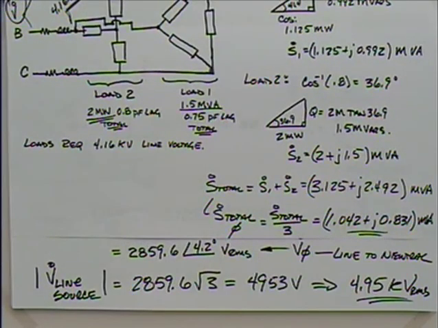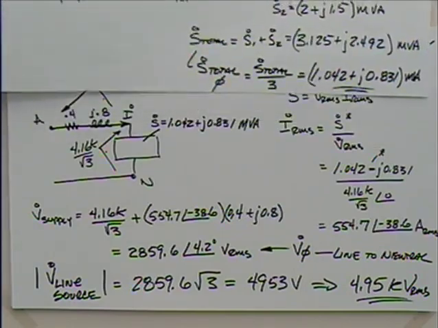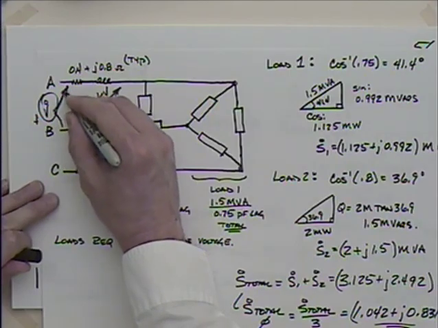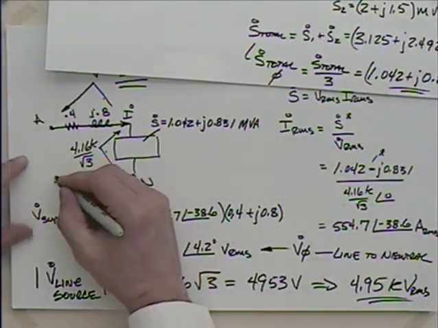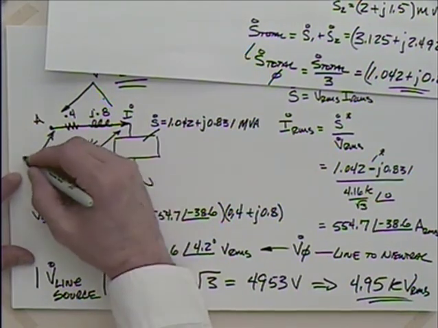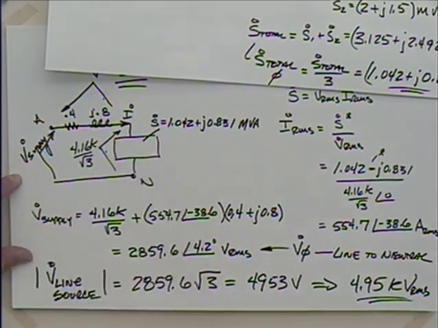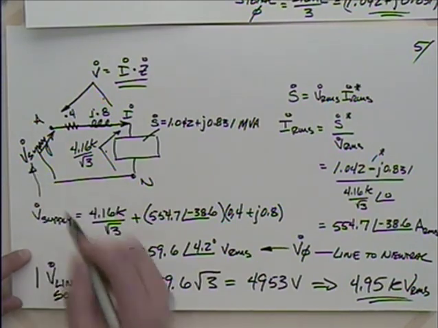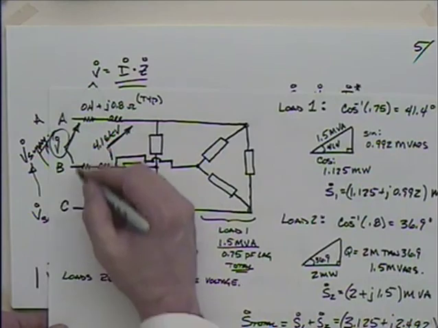So your supply voltage is the voltage across the inductor. The supply voltage would be this voltage out here. When I initially calculated it, this is V supply right there. And then when I convert it to line, I get the voltage that's out here.